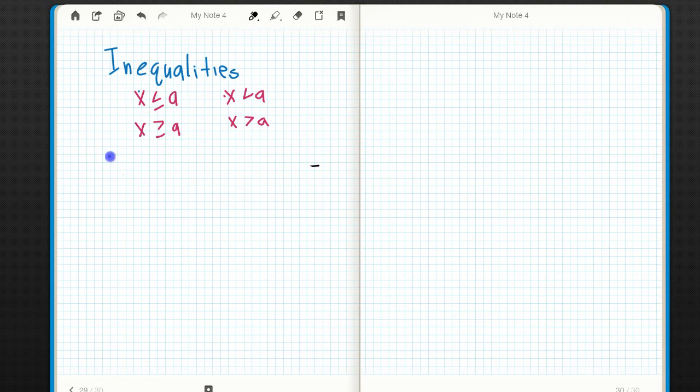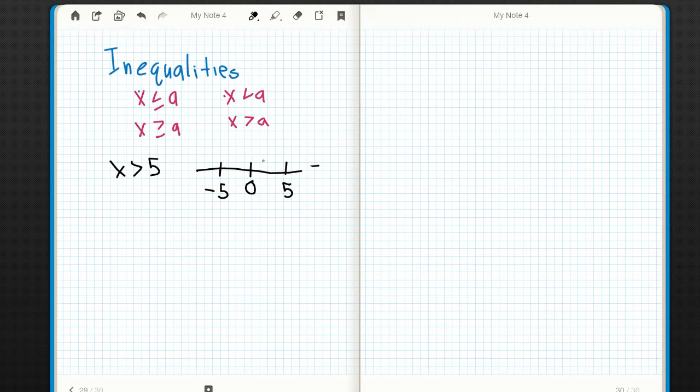So let's say we want x is greater than 5. Again, this is a single variable inequality. Since we only have one variable, we have to make a number line. So let's make a number line. All I really want is just 3 numbers, and I want 0 to always be one of the numbers.